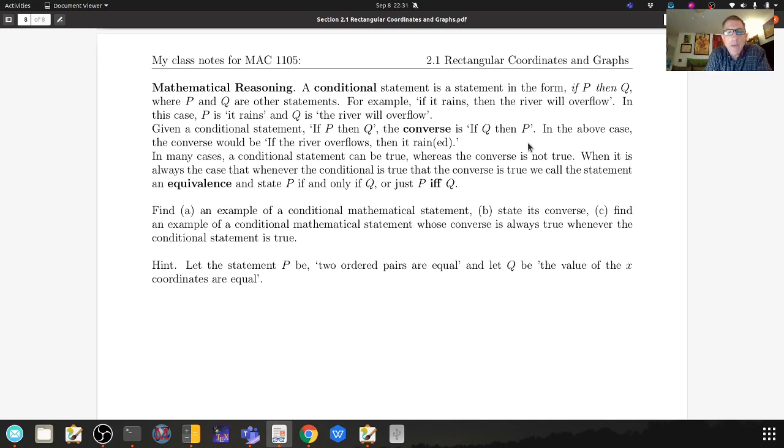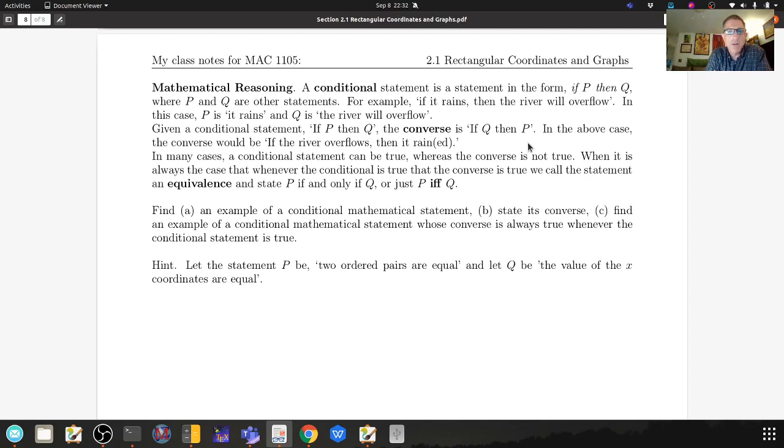However, in some cases, it's always true. If a conditional statement is true, and its converse is also true, then we call that statement an equivalence.